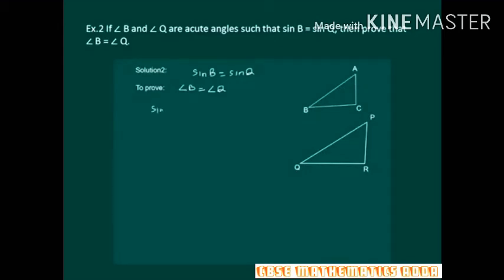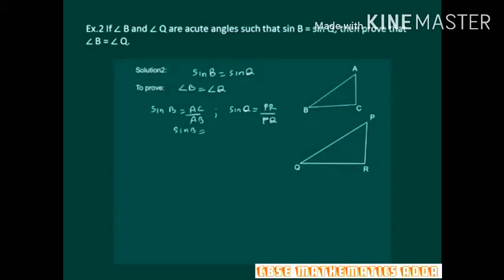So now come to the proof. Here the sine of angle B is equal to simply P by H, that is AC divided by AB, and the sine of angle Q equals PR divided by PQ, perpendicular divided by hypotenuse.